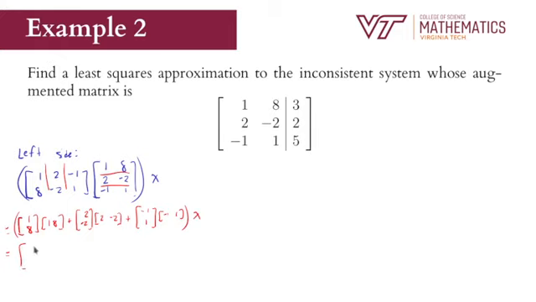So 1, 8 times 1 is 1, 8. 1, 8 times 8 is 8, 64. 2, -2 times 2 is 4, -4. 2, -2 times -2 is -4, +4. And finally, -1, 1 times -1 is 1, -1. -1, 1 times 1 is -1, 1.